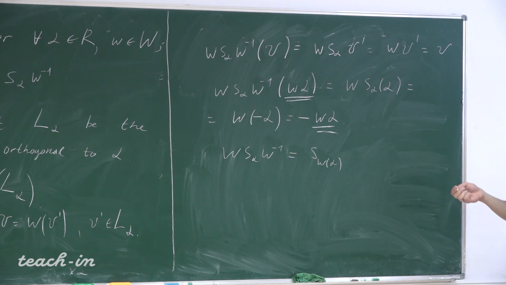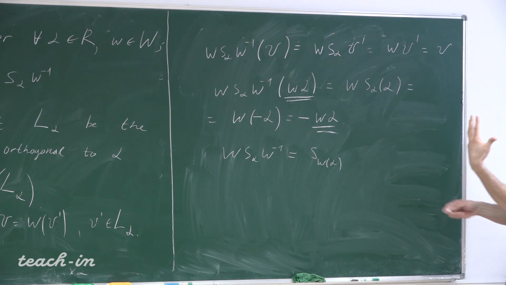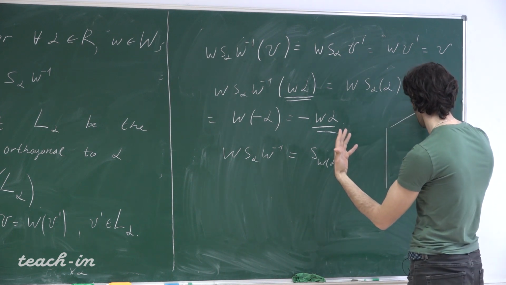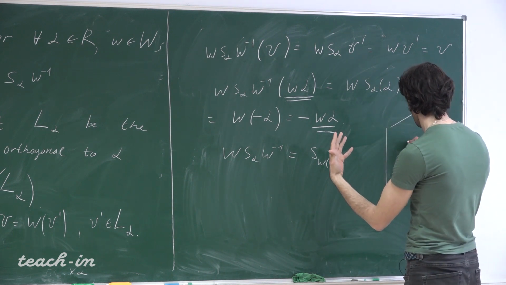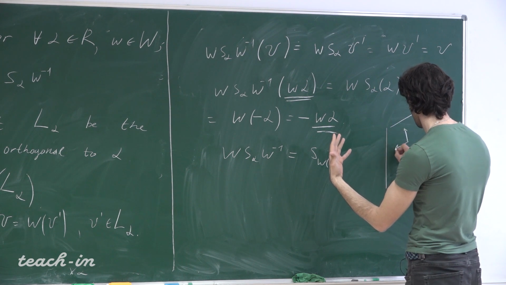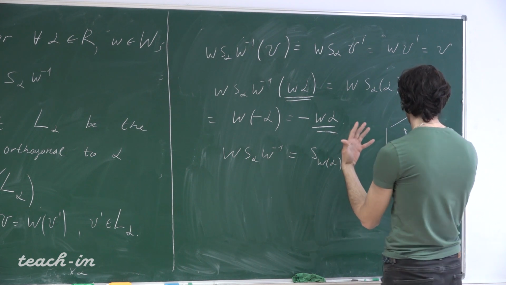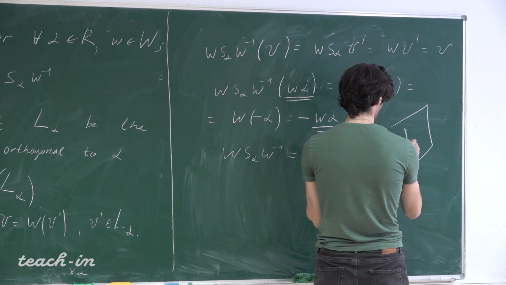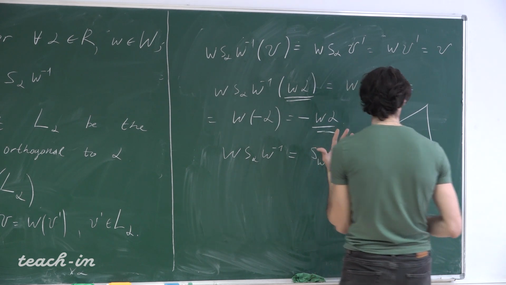If you're not convinced, you can take a basis in the hyperplane, so let me draw pictures. You take some basis in the hyperplane, and you have this root alpha.